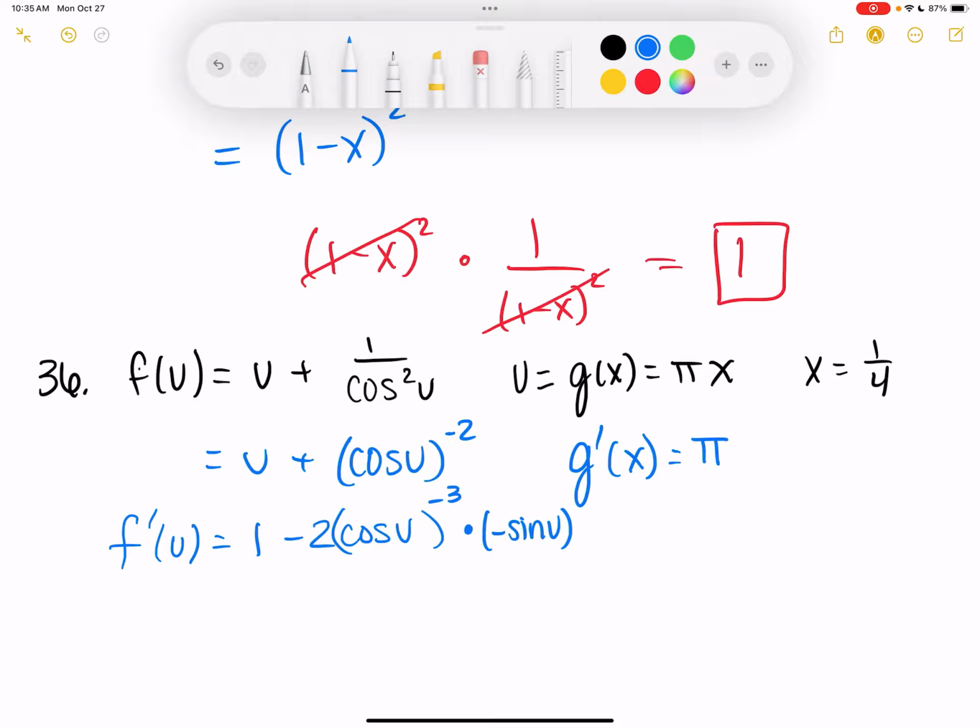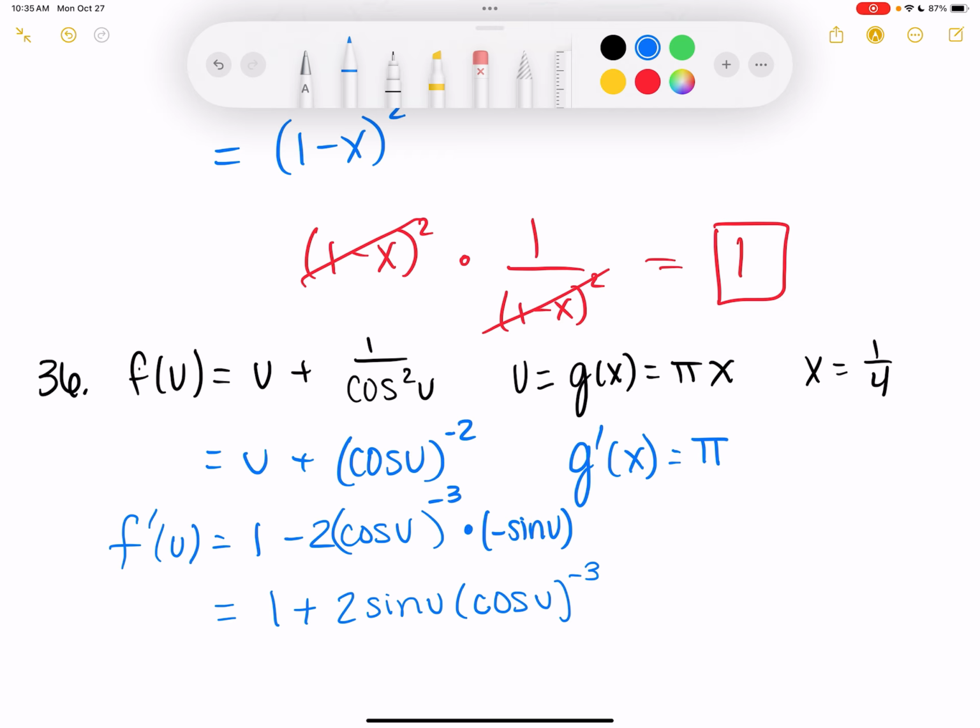And so then just to simplify it, I've got 1 plus 2 sine of u times the cosine of u to the negative 3. I'm going to leave it like this, but if you want to move it, you can.